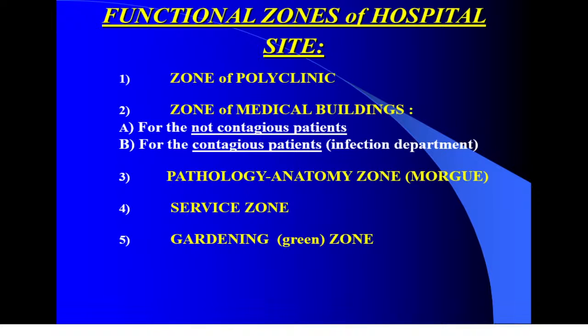But it's one zone of medical buildings. But I said the infection department is always in a separate place and in a separate building. Next zone, the pathological anatomy zone, the zone of the morgue. Then the service zone and the gardening or green zone. Such 5 zones. I said your gardening zone must be 60%. The service zone is the garage, kitchen, premises for sterilization. It must be a separate zone.